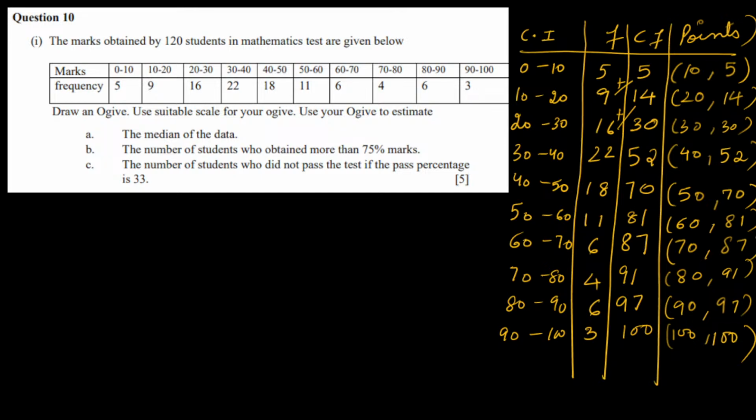See graph scale along y-axis. Okay, first of all, I'll write the numbers along. So class intervals I have to write along x-axis. So this is 0, 10, 20, 30, 40, 50, 60, 70, 80, 90, 100. So this is y-axis, this is x-axis.